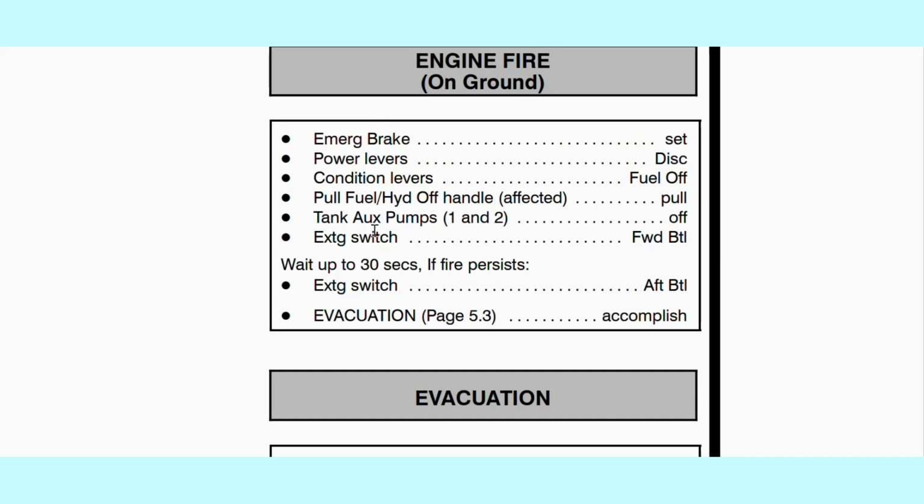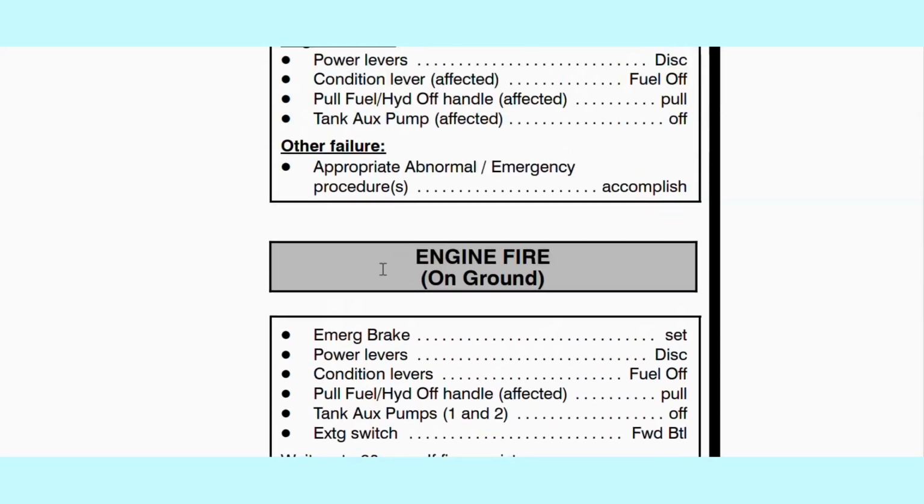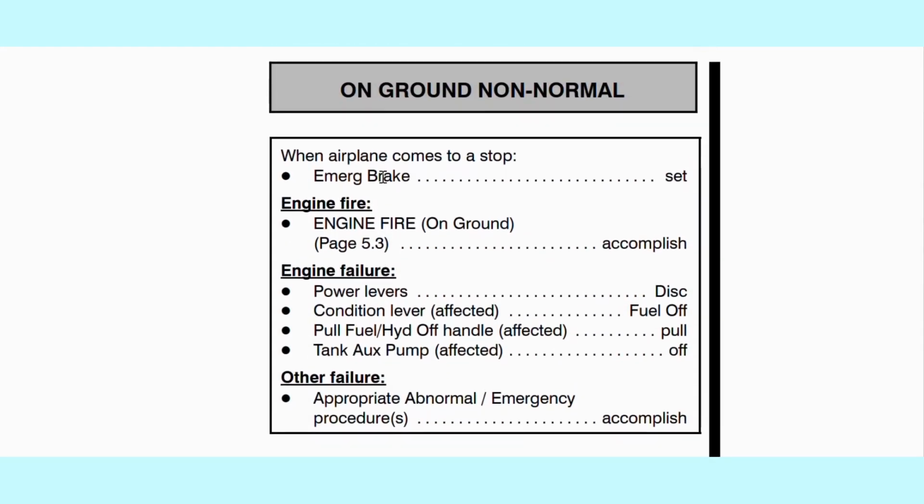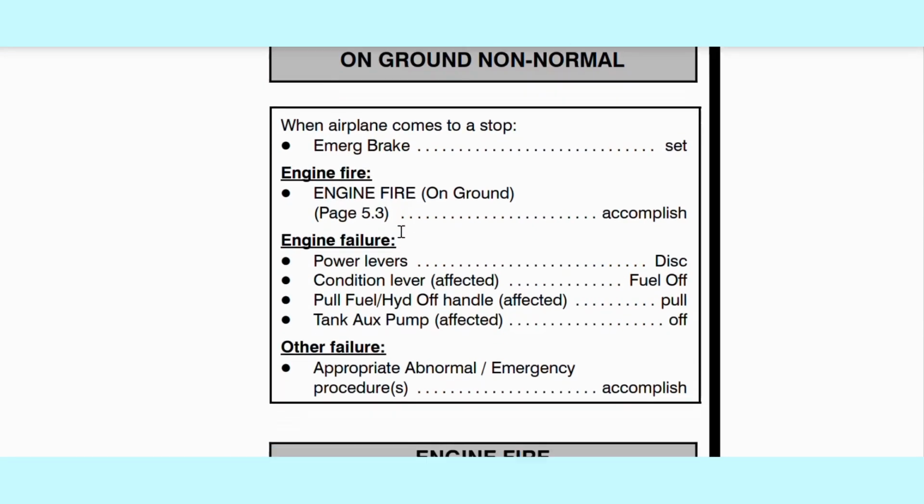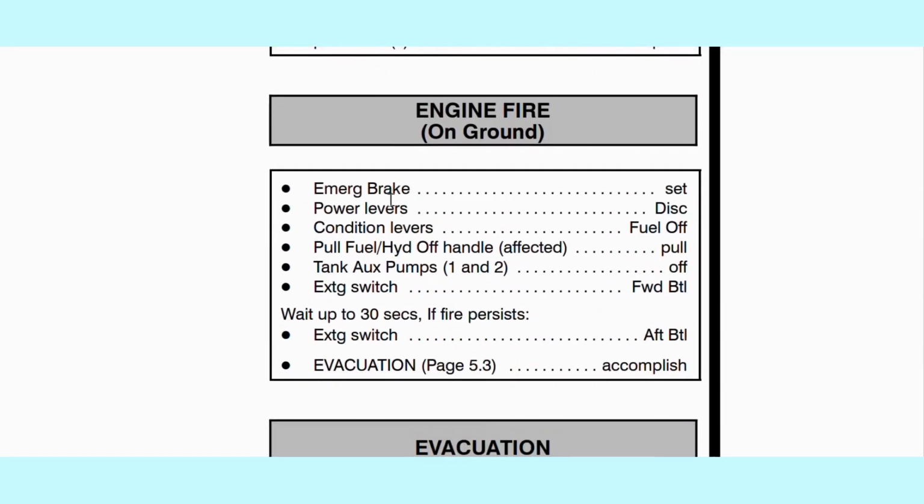Once you reach the extinguishing forward bottle, you time for 30 seconds, and then you call for the on-ground non-normal checklist. Okay, in that case, the first officer will go to this checklist, and then he or she will verify that it's the engine fire, and then call out engine fire on ground and check that you have actually executed all these memory items. By then, maybe 30 seconds would have elapsed, and you have to check that the fire is out.